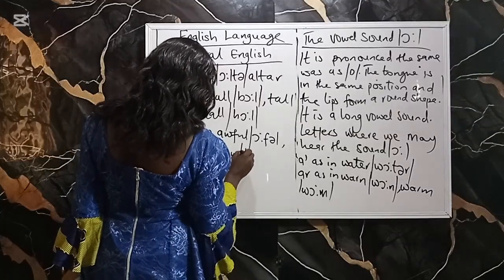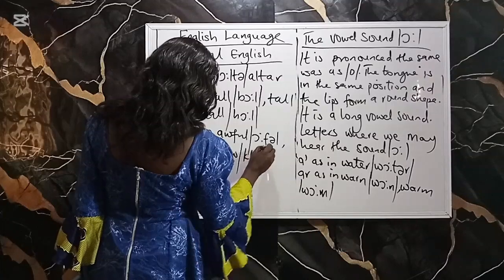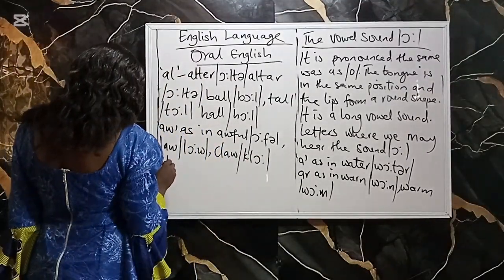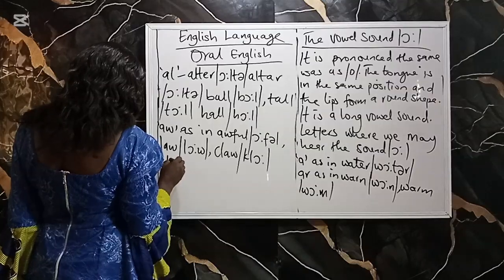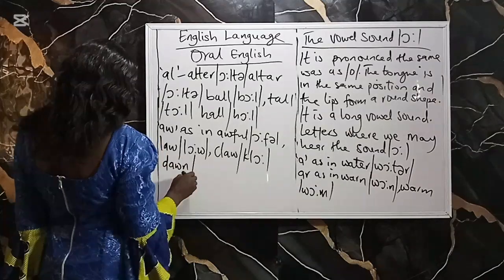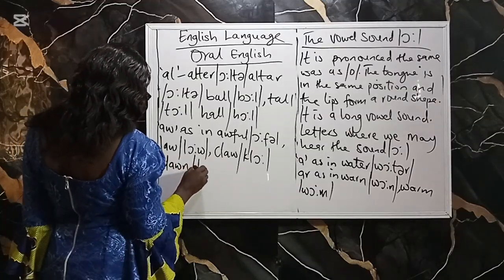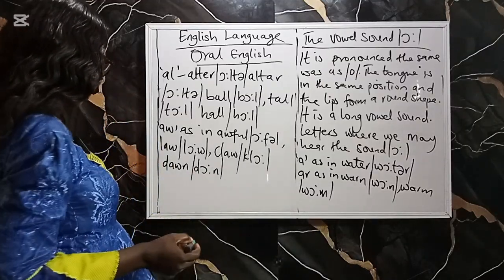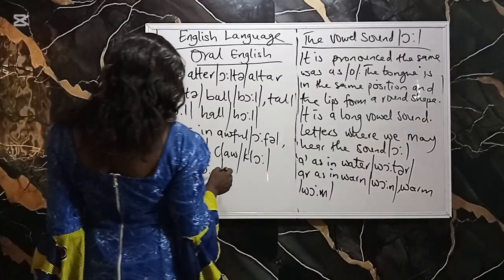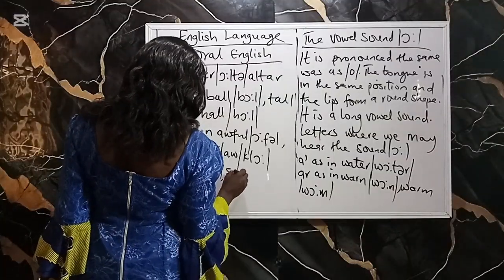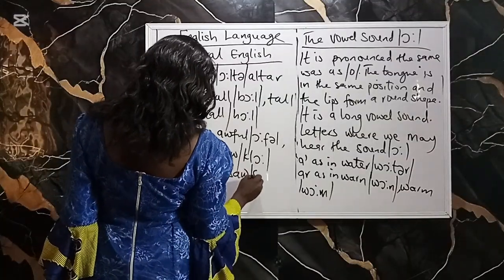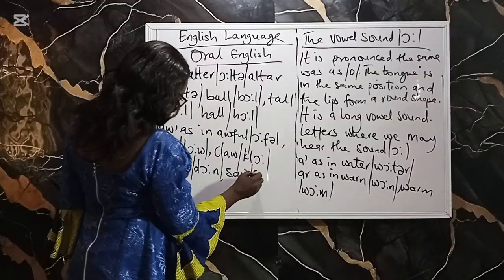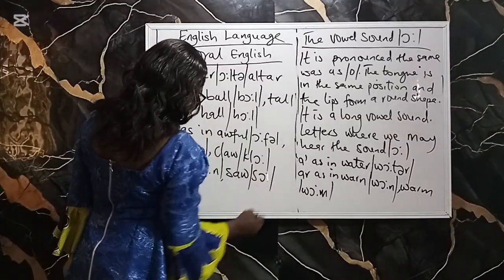Claw. We hear it in dawn. Dawn. Okay. Then you can also hear it in saw. You put the sound, remember, AW, saw.